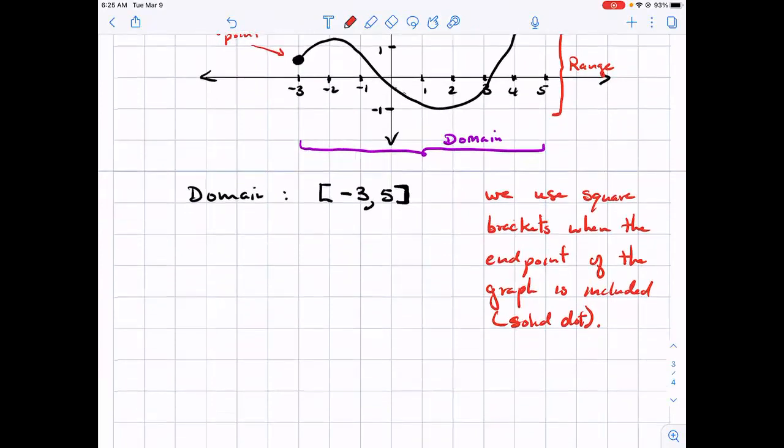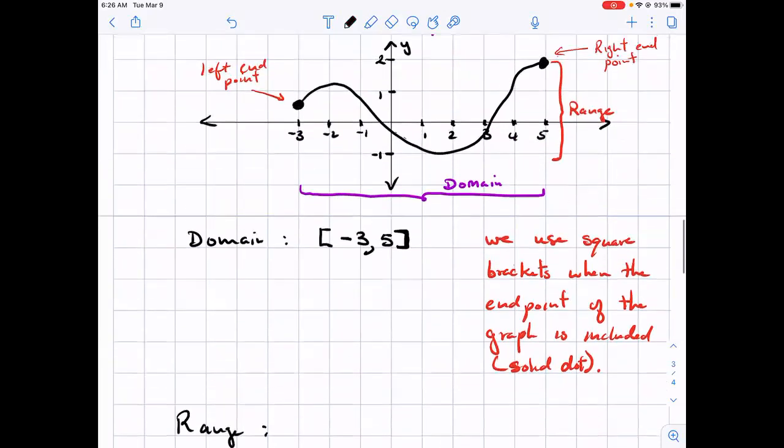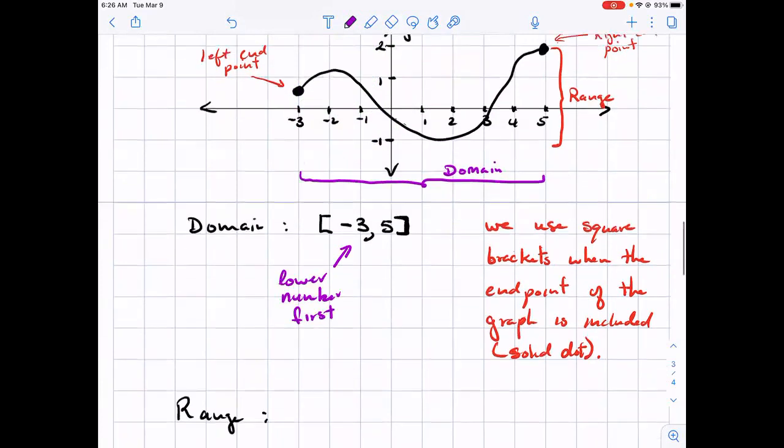Now, if we look at the range, notice that when we write, we always write from lower, okay? So maybe we should make a note of that. Always lower number first, okay?